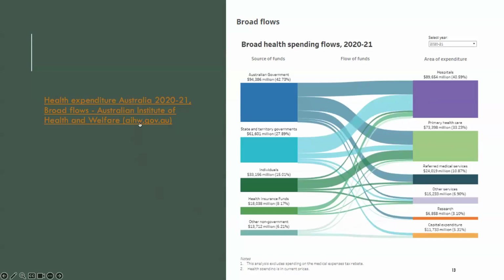So again, you can find more details on the website of the Australian Institute of Health and Welfare. There is some online interactive material there which you might want to look at if you want more details.